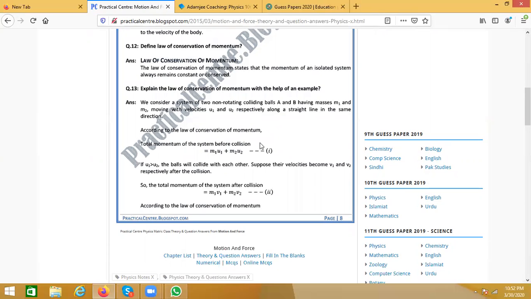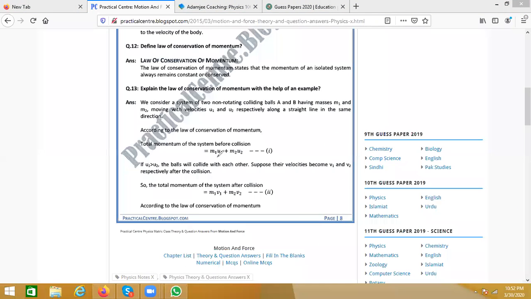According to the law of conservation of momentum, the total momentum is not changing. The total momentum before the collision is m1u1 plus m2u2, and momentum after collision is m1v1 plus m2v2.